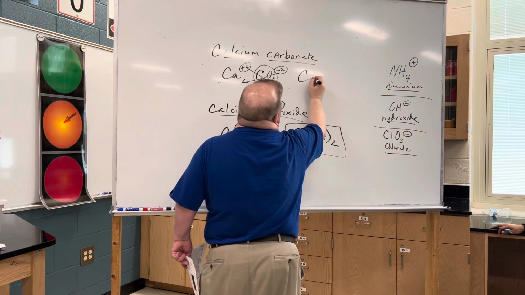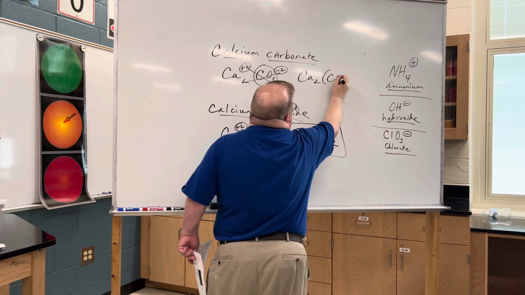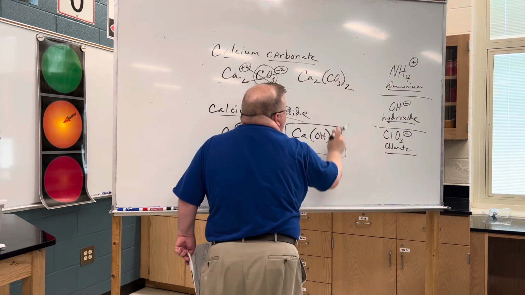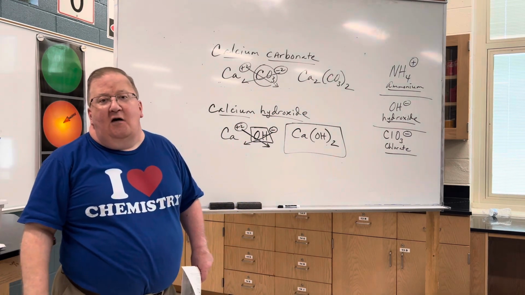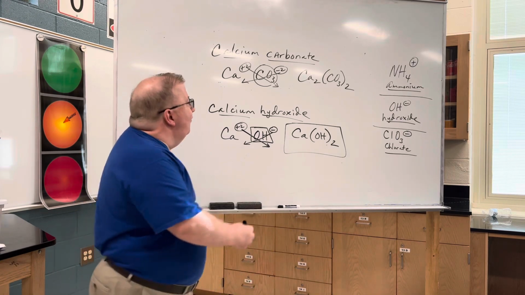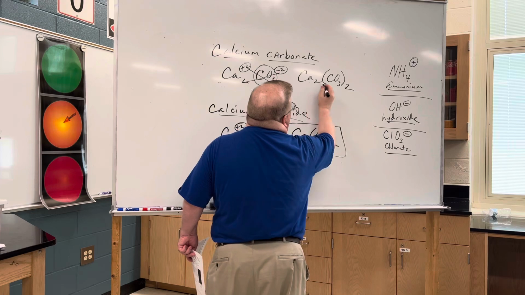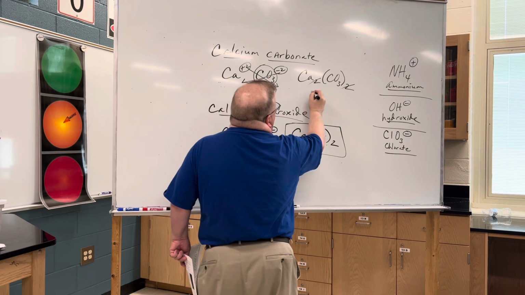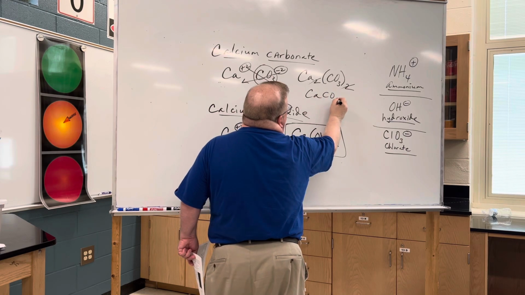So when the calcium's charge drops down here, you would think it would be 2 on 2, right? But we have to do what? The final step is simplify if needed, right? 2 goes into 2 one time. So it's like they cancel to a 1-to-1 ratio. All right, so it's just CaCO3.